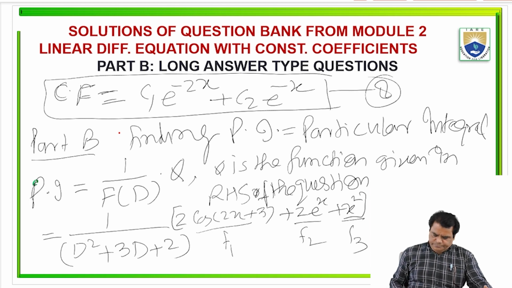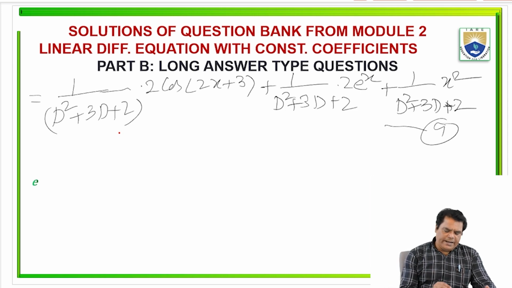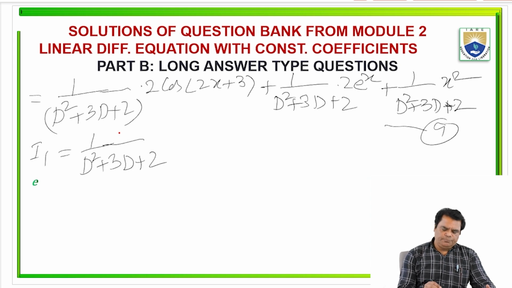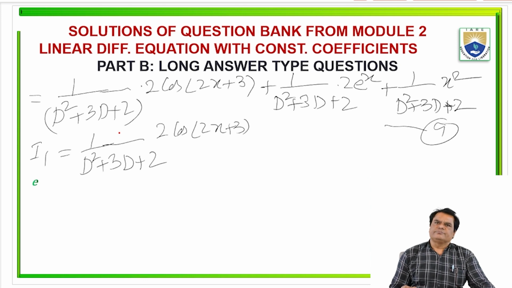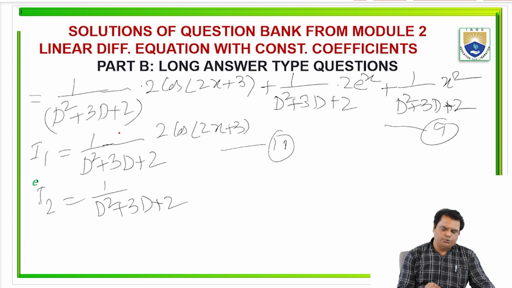So here I am writing I1 equal to 1 upon D square plus 3D plus 2 into 2 cos 2x plus 3. This is equation 10. And I2 equal to 1 upon D square plus 3D plus 2 into 2e to the power x. This is equation 11.